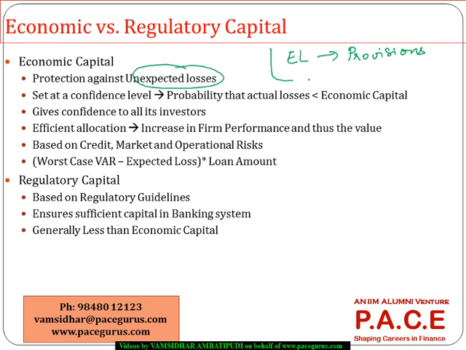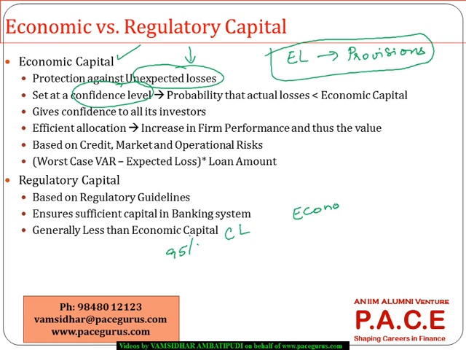So expected losses need not be looked at from the economic capital perspective, but economic capital primarily focuses on unexpected losses, and from a definition standpoint, it's a kind of confidence level. So generally when I say 95% confidence level, the economic capital is set at a 95% confidence level.